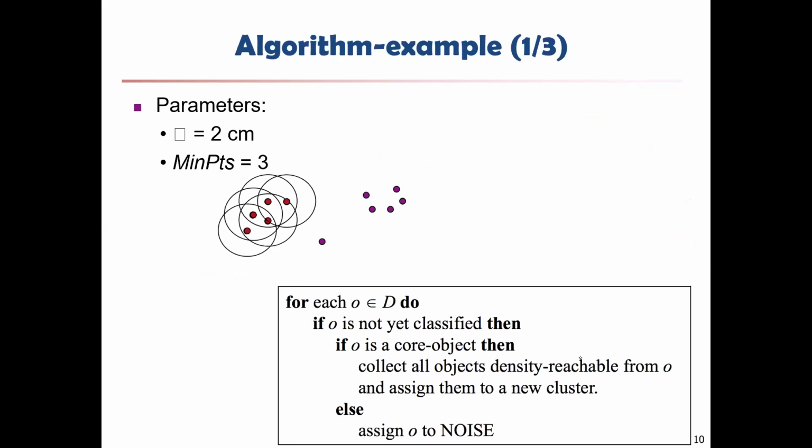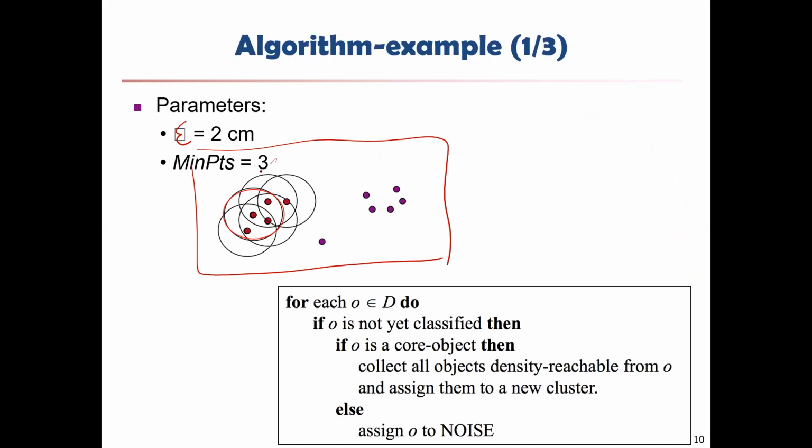So we are going to have our epsilon. Suppose in this case we have 2 centimeters, and let's say minimum number of points is 3. So I'm going to start. Suppose this is my data space. I'm going to start from somewhere here. Okay. Looks like I started with a point, and it is a core point just because minimum number of points is 3.